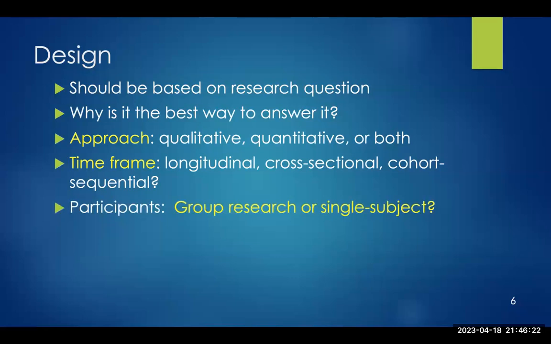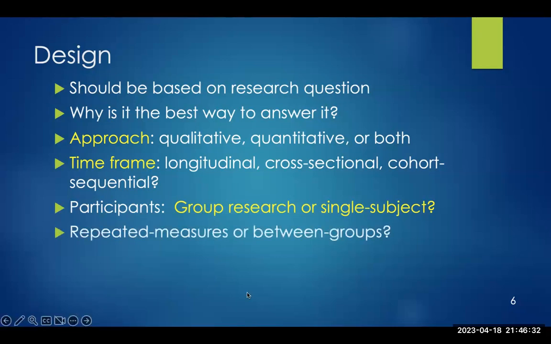How about your participants? Are you planning to do group research on a large number of people, or maybe small group or single subject research? So you need to decide. Again, you need to justify. If you are doing an experiment or a quasi-experiment, are you going to do it repeated measures or between groups? So remember, if you're doing a quantitative study, you want to have as many data points as possible.